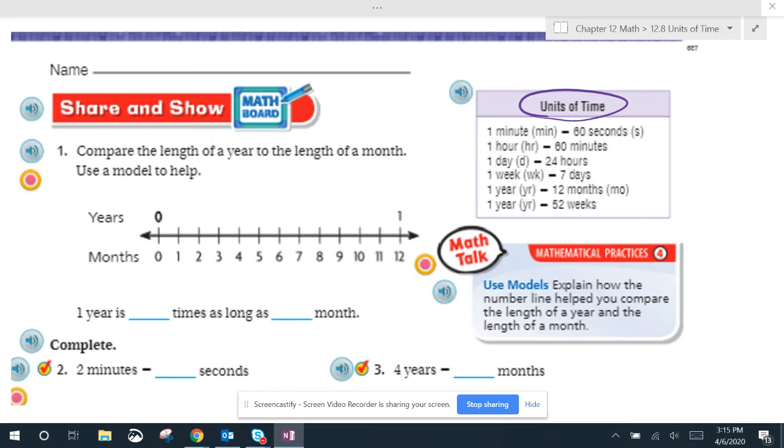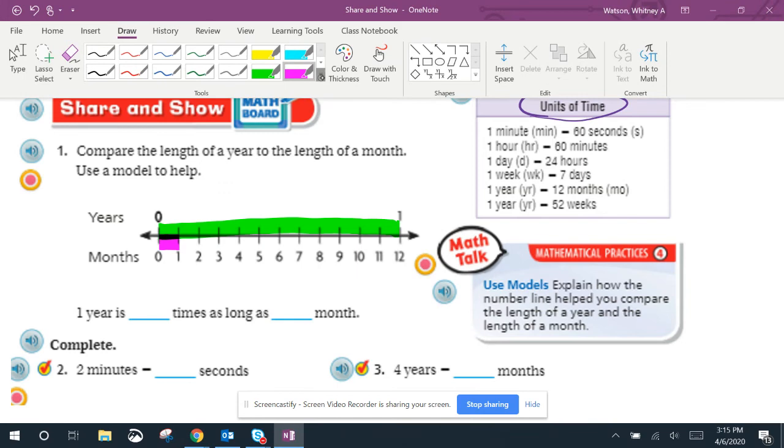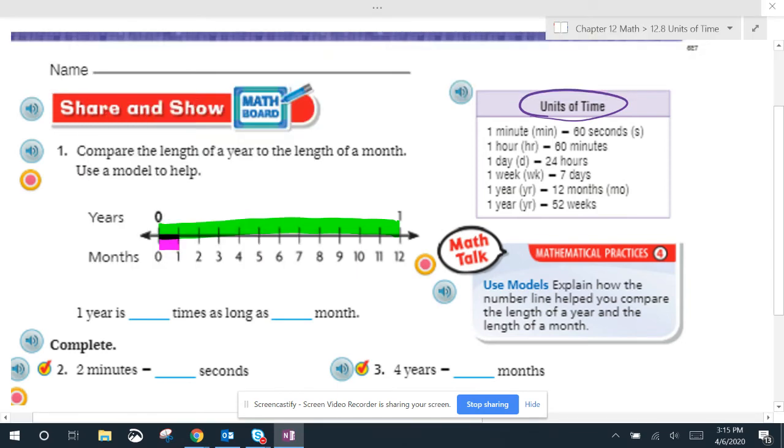I'm going to shade in the 12 months in 1 year. And this represents 1. So 1 year is 12 times as long as 1 month.